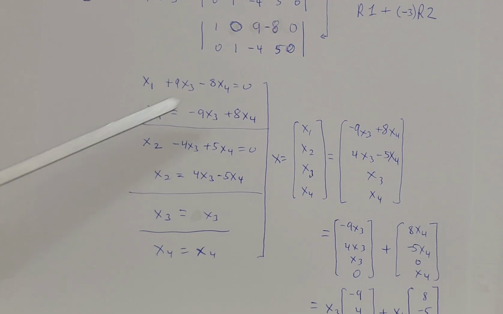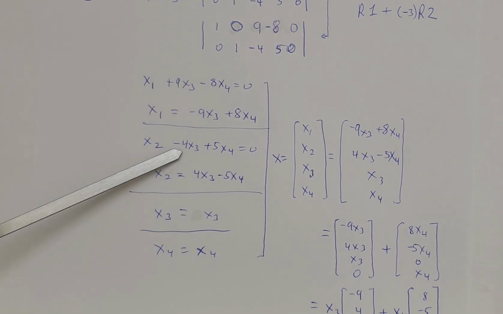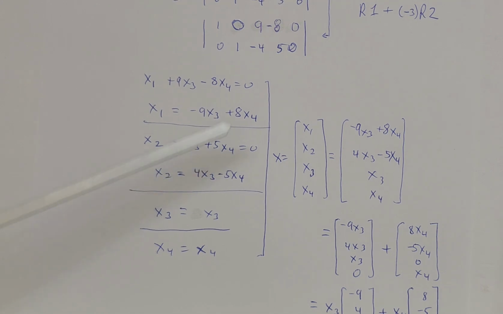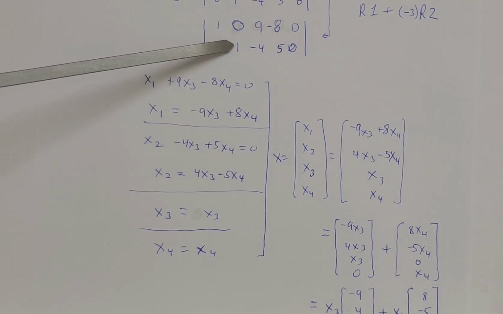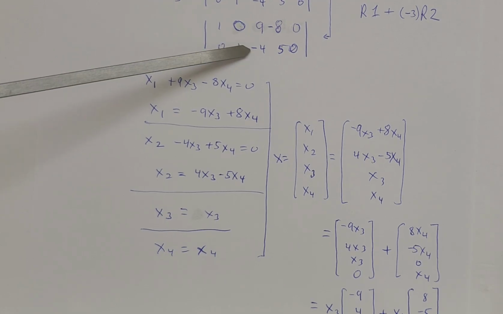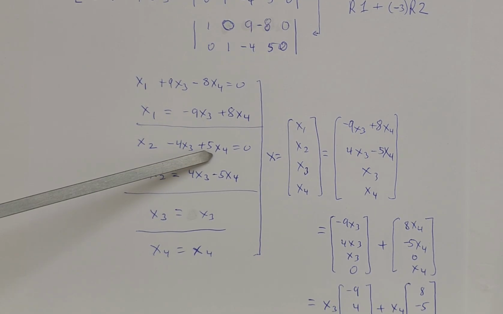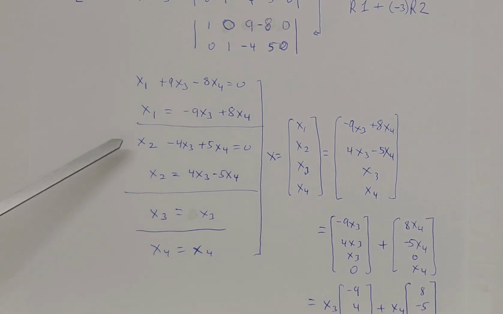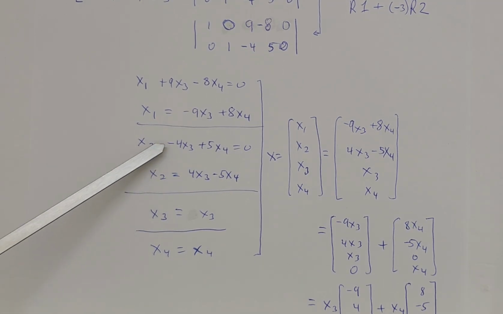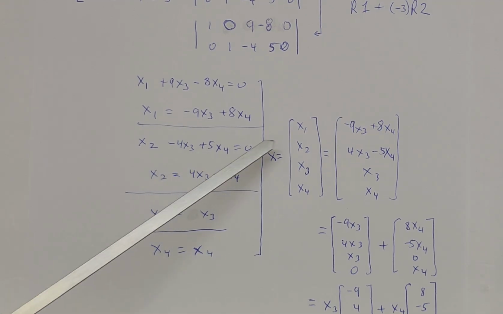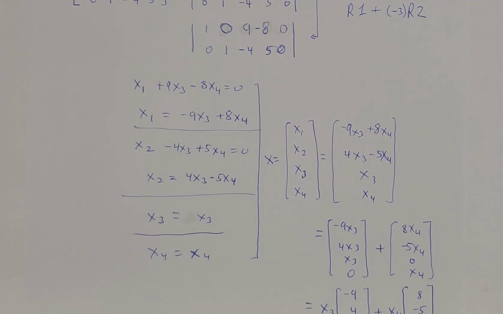So here we have x2 - 4x3 + 5x4 = 0. Now we solve for x2. Bring the -4 to the right, it becomes positive. Bring the 5 over to the right, it becomes negative. So that will be our x2.